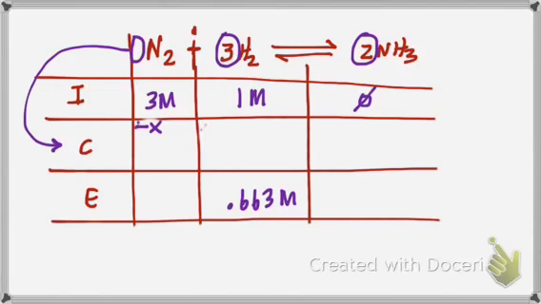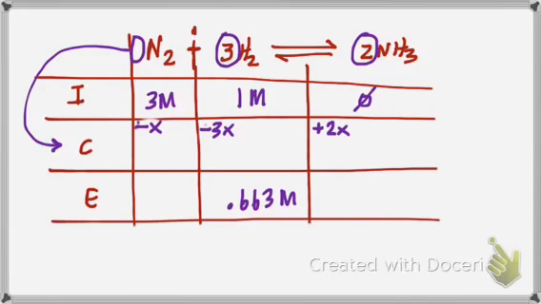And then for my H2, it's going to change by a factor of 3x. That means that my reactants are actually getting used up, and it's creating a product, which means that my change on my product side should be a plus 2x. So that's cool. I've got at least something there.